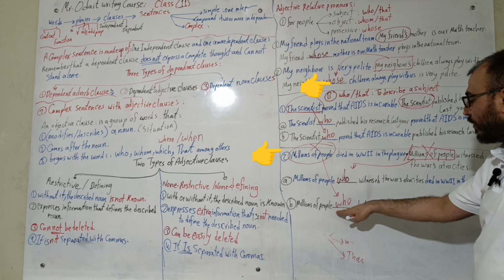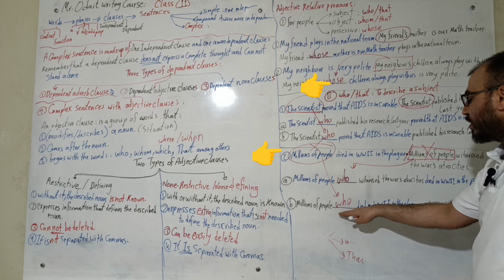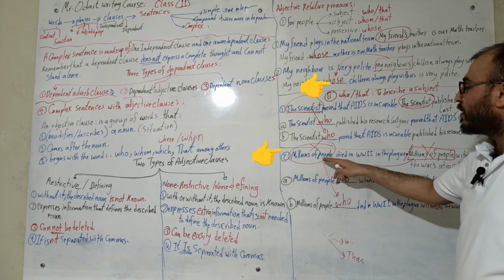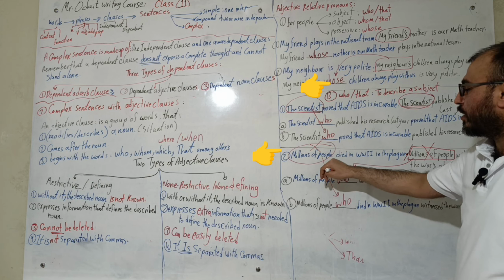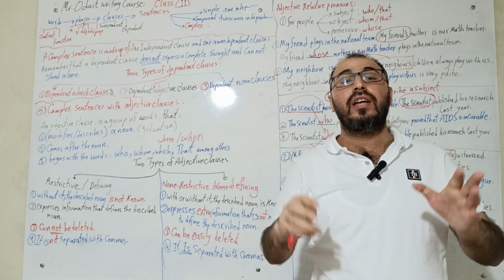Now this clause is a dependent or subordinating clause because I changed the subject, which is a noun phrase, and I put a subordinating conjunction to transfer it into a dependent clause.